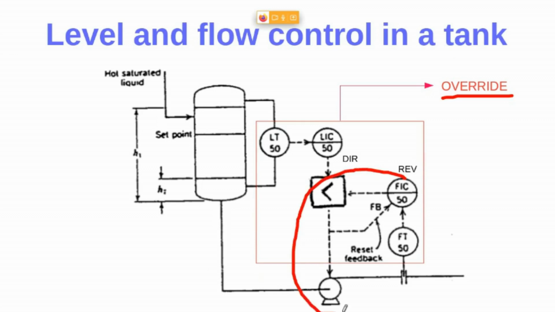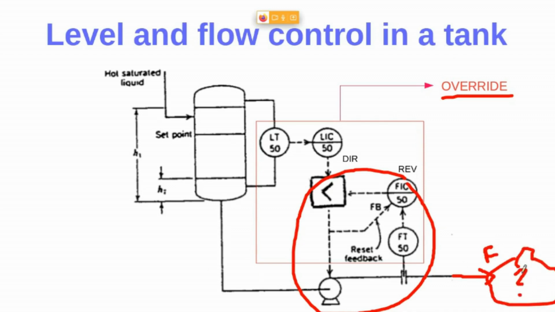the selector is selecting this flow controller action. Why? Just because here we suppose that we need some inflow, because here we have another process. I don't know what process we have, but here we have another process, right? So we need a constant inflow of this liquid, right?